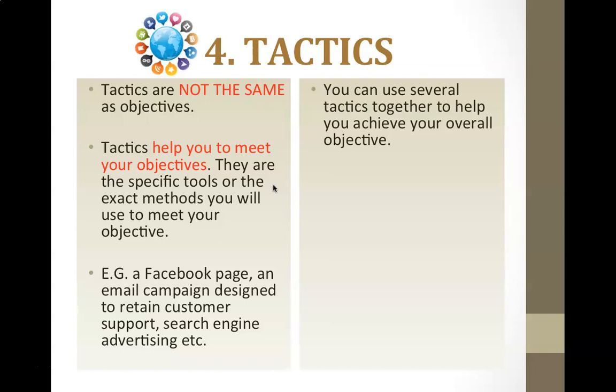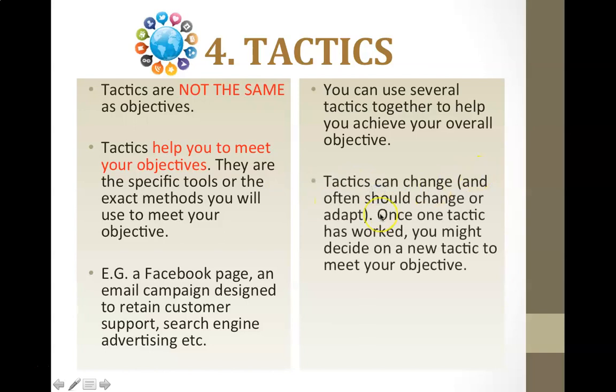You can use multiple tactics to support the objective. And tactics can change and often should change or adapt during a strategy. If something's not working, it's good to be adaptable and say, okay, we've tried this and it's not working, so let's look at something else.